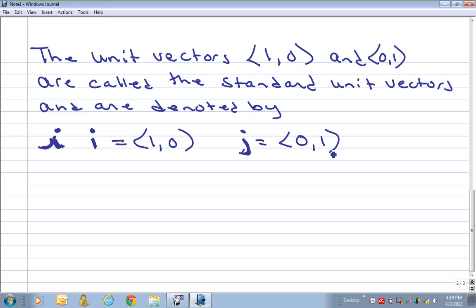These vectors can be used to represent any vector v1, v2, so they can represent any vector as a unit vector.